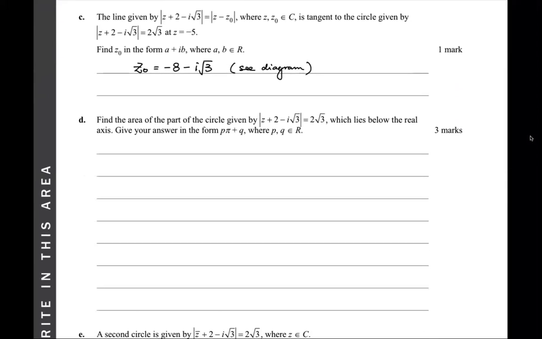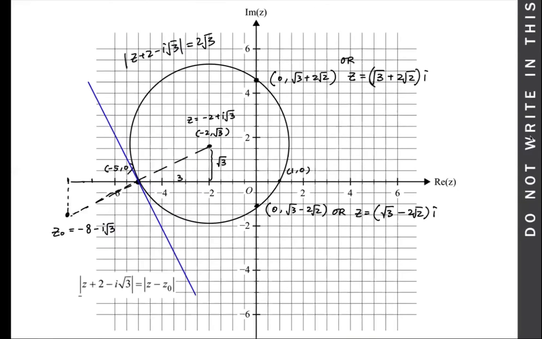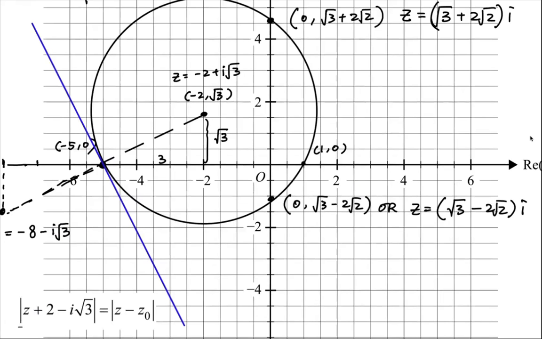Okay, find the area of the part of the circle given by the equation which lies below the real axis. Give your answer in the form p pi plus q, where p and q are real numbers. So now it is important for us to have the correct diagram. Without contaminating the graph I've drawn, I'm using a highlighter to shade in the region we want to find, okay?